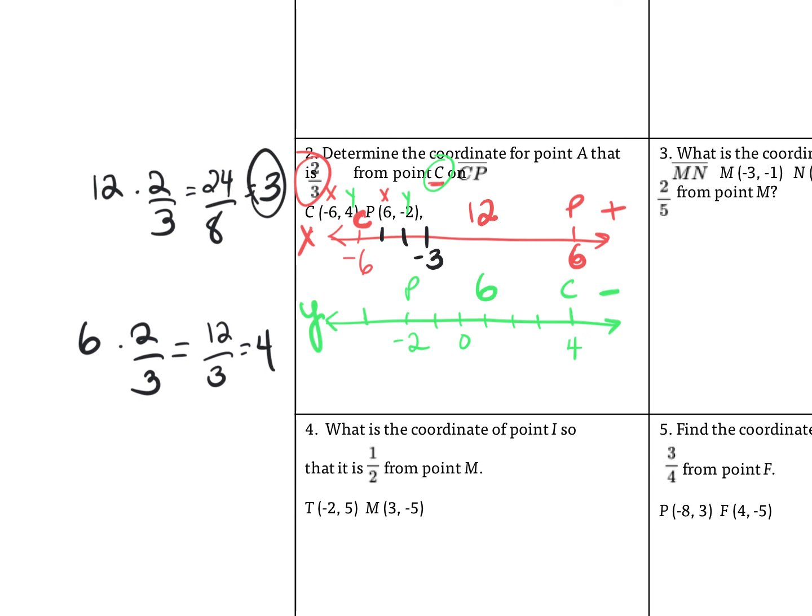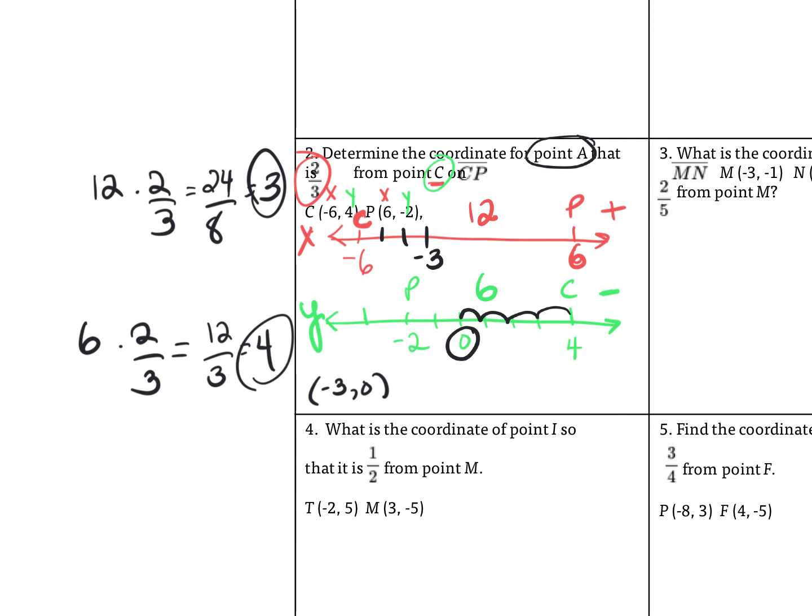And along our y-axis, my fractional distance is represented 4 units from point C. So 1, 2, 3, 4. That brings me to 0. So my final answer is going to be (-3, 0), which represents my 2/3 distance from point C.